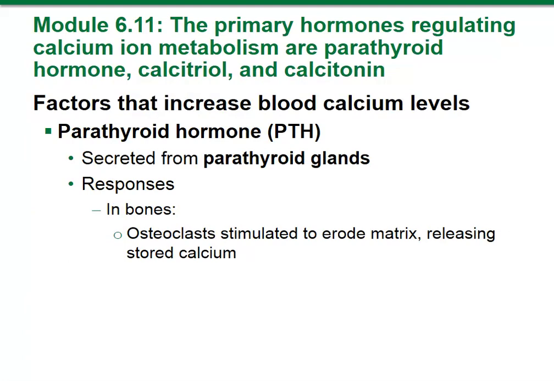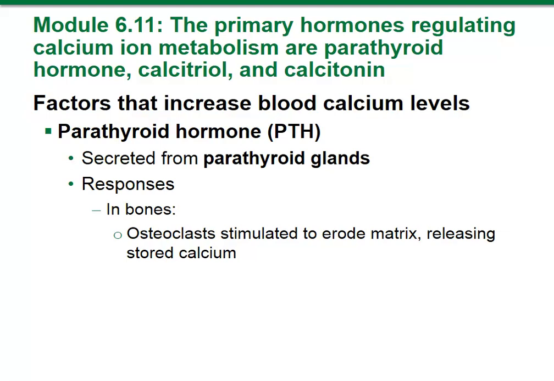Okay, let's talk about some specific hormones involved in calcium maintenance. Parathyroid hormone, and we'll talk more about this when you get to 169. You go to the endocrine system and deal with it a lot, and then other systems as well. But parathyroid hormone is secreted by the parathyroid gland, and the parathyroid glands are like these little four areas right behind the thyroid gland.